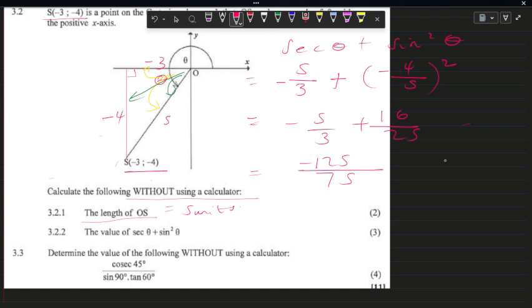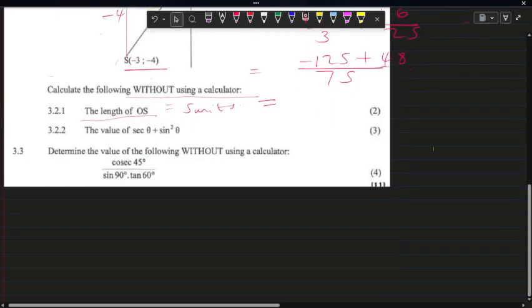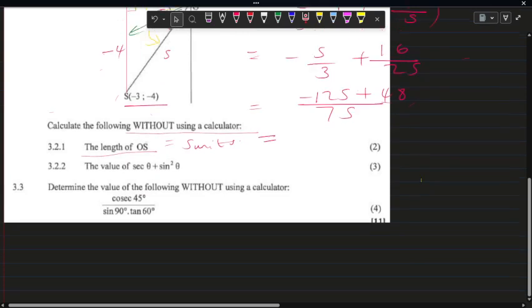So we have minus 125, and then 3 times 16, 2 times 16, that is 32, plus another 16, that should give us 48. Okay, so this is 48, and then we can simplify this further.